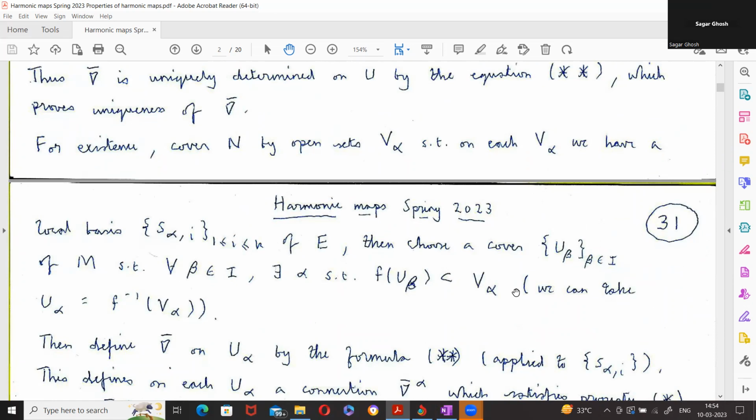In fact, you can just take U alpha to be F inverse of V alpha. This will be an open cover of M.